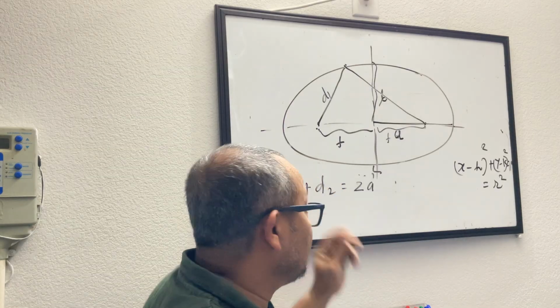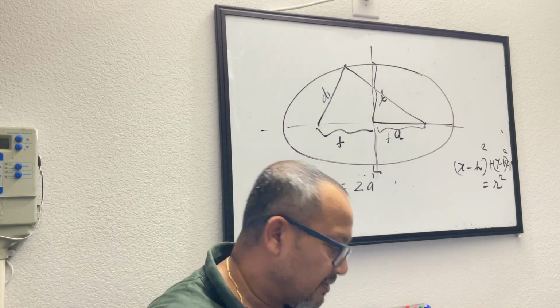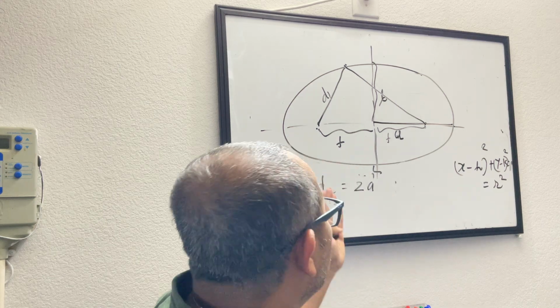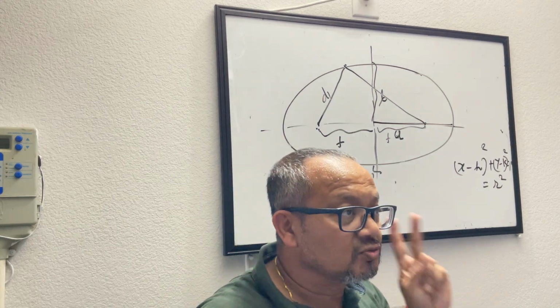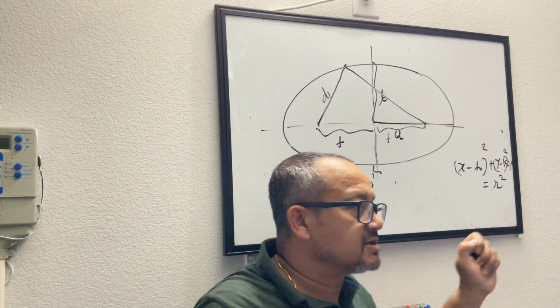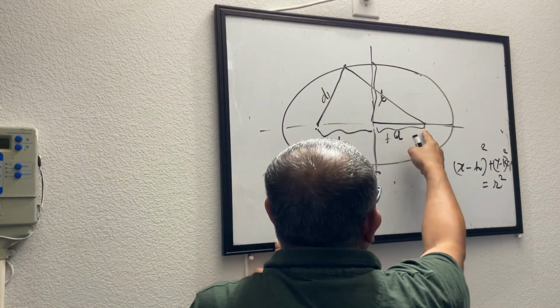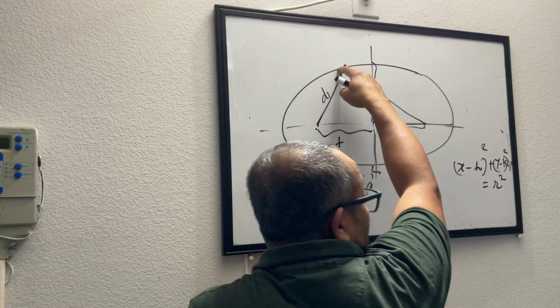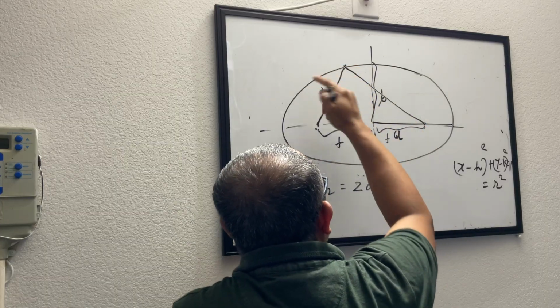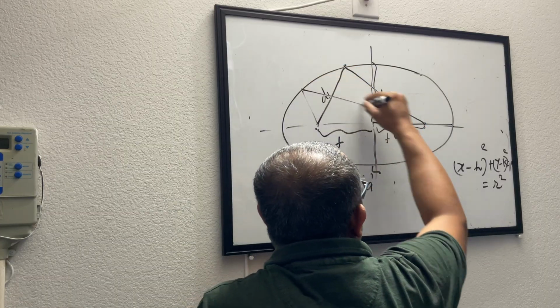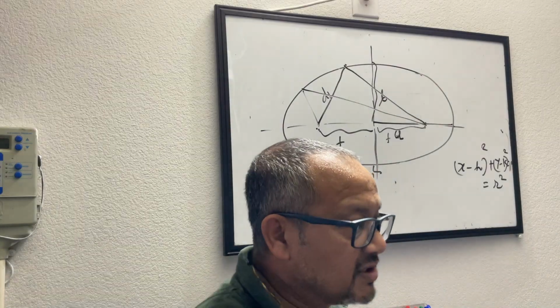Again, I'm repeating, I think I muffled my sentence a little bit. Foci are the 2 points along the major radius such that these 2 points are equidistant from the origin, and for any point you pick along the perimeter, the sum of this distance plus this distance will always be the same.